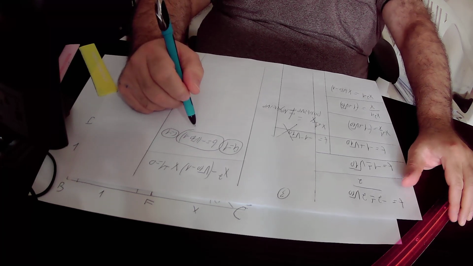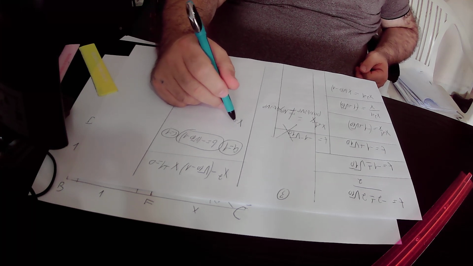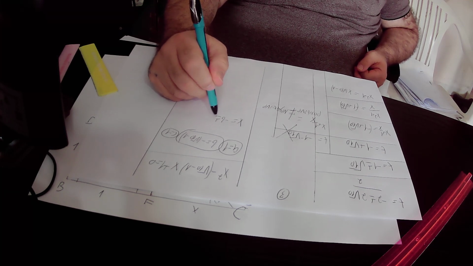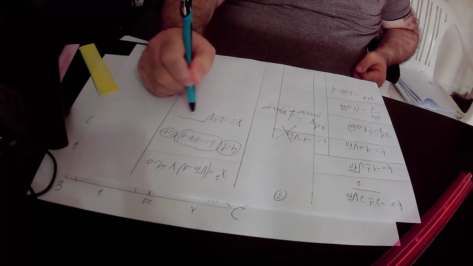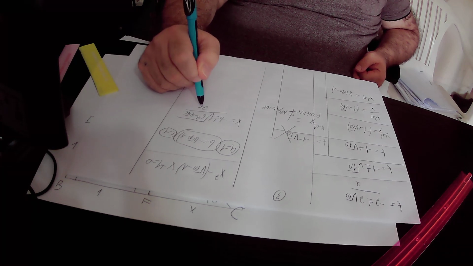The solution of a quadratic equation is x equals minus b plus or minus the square root of b squared minus 4 times a times c, over 2a.